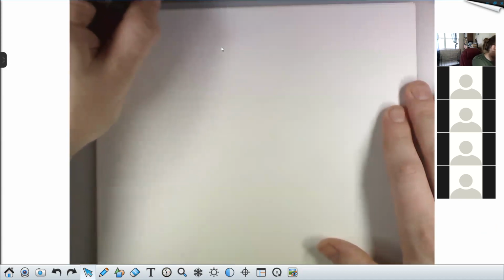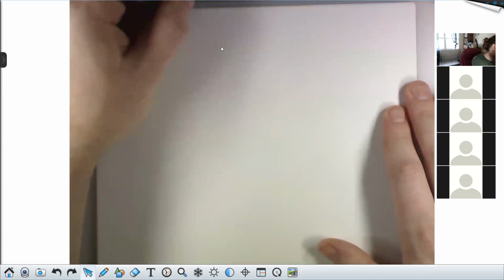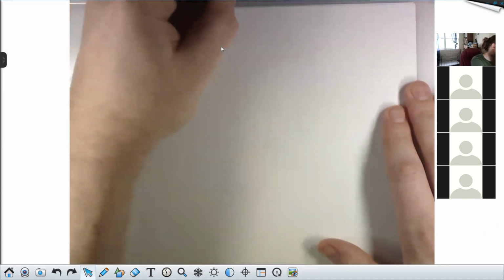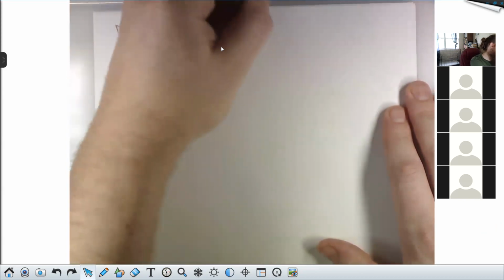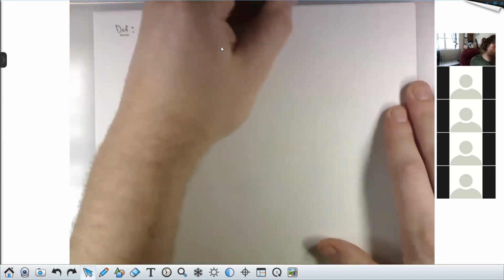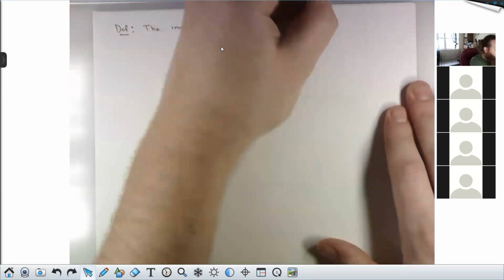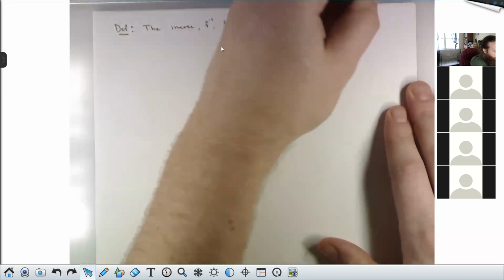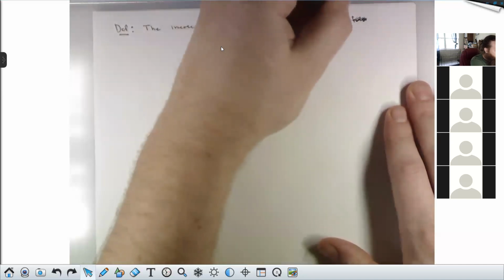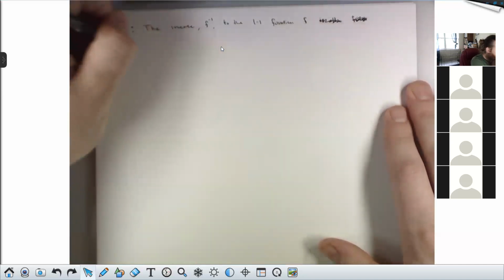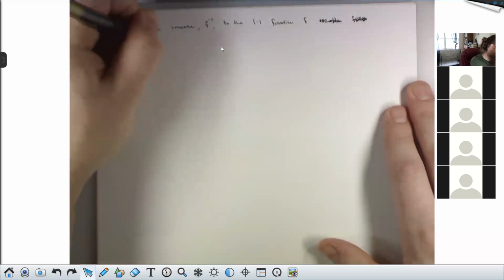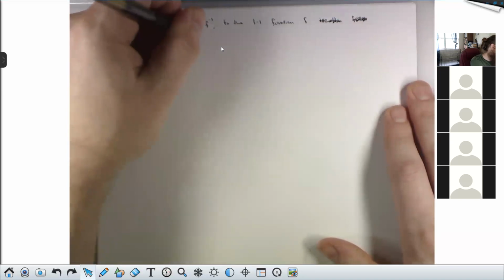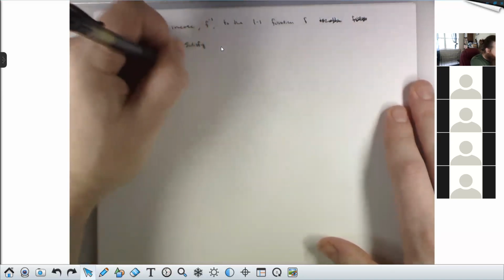The inverse, f inverse, to the one-to-one function f is the function, by definition, that must satisfy the following.